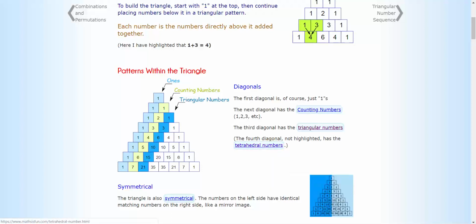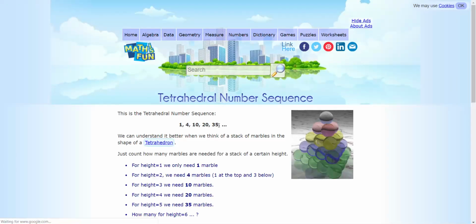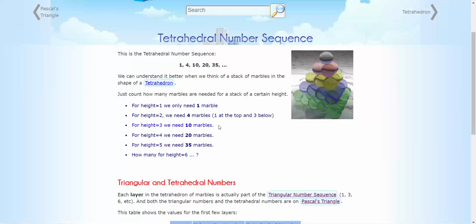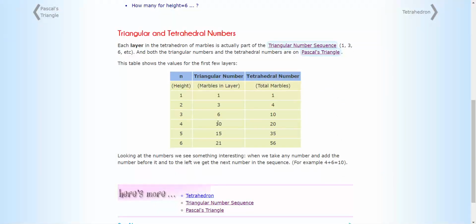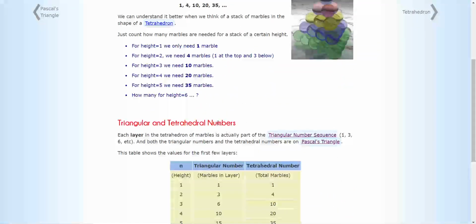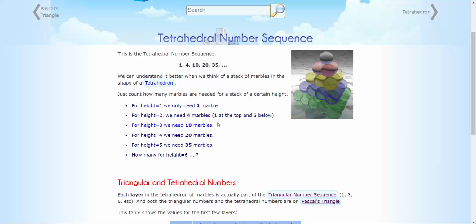Tetrahedral, I think this is a dice kind of number sequence. I'm not sure what importance this brings to the table, but given it's mentioned, I'm assuming it matters. It's about fitting a stack of marbles into a tetrahedron. This shape is called a tetrahedron.